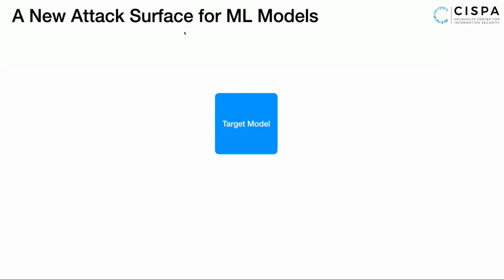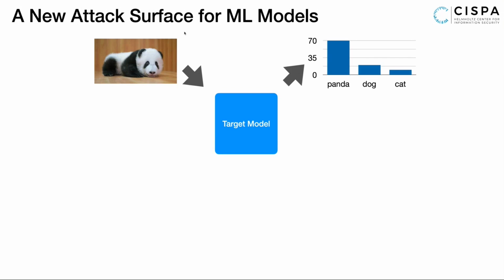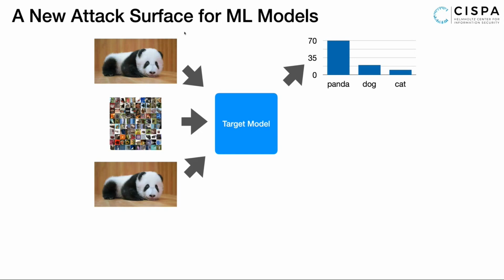This is good in the sense, however, we are wondering whether this can constitute a new attack surface. So what do I mean by that? Suppose today someone trains a model, and I use one image to query the target model. Let's say tonight this company gets some new data set to update the model.